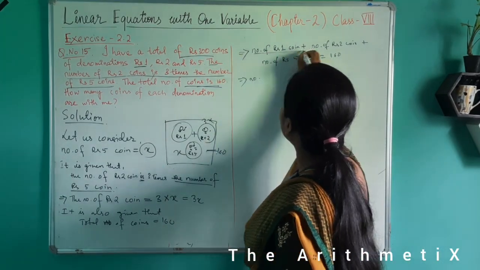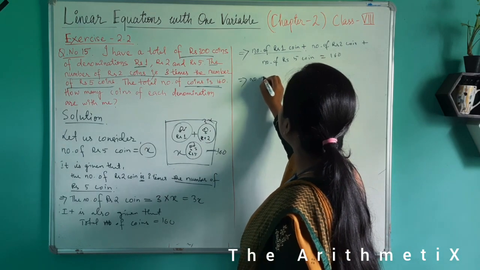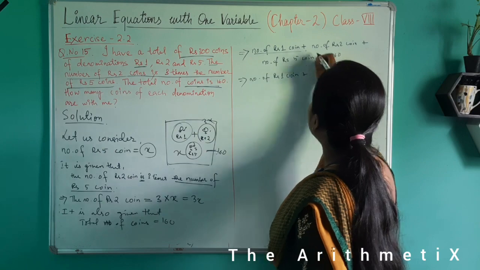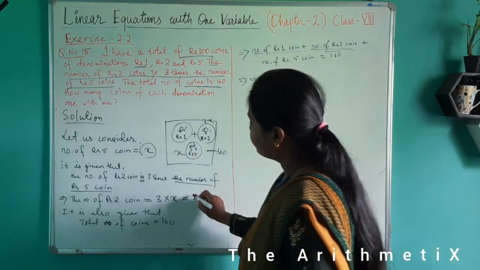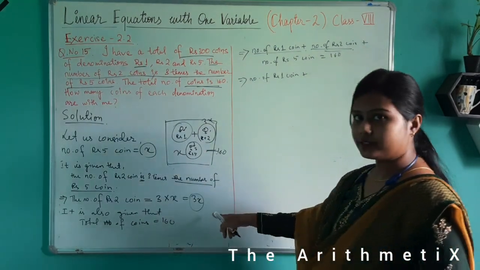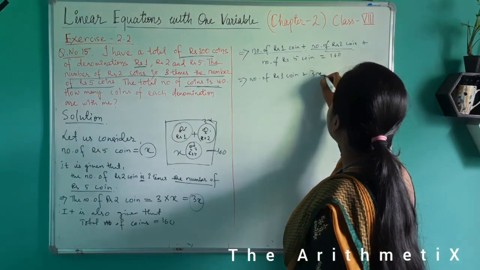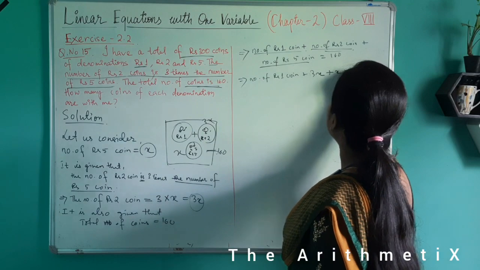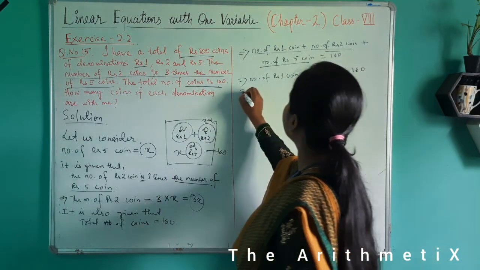We don't know how many 1 rupee coins there are, so we will write it as it is. The number of 2 rupee coins will be replaced with 3x, which we have already found. Plus 3x plus x, since the number of 5 rupee coins is x. This is equal to 160.